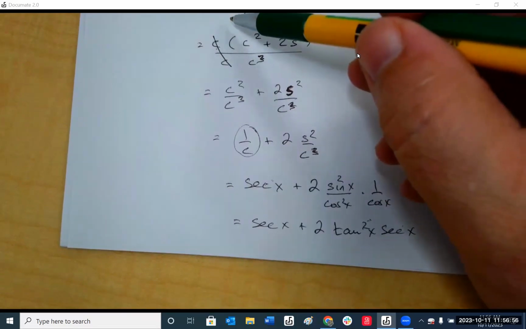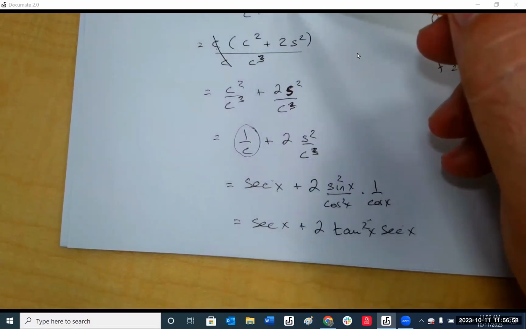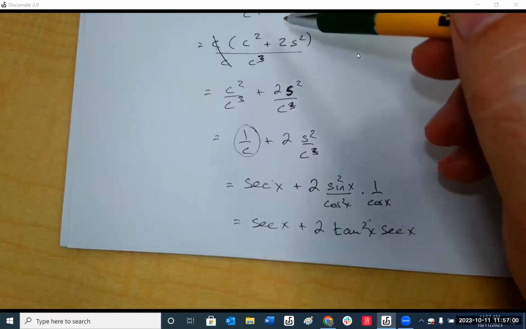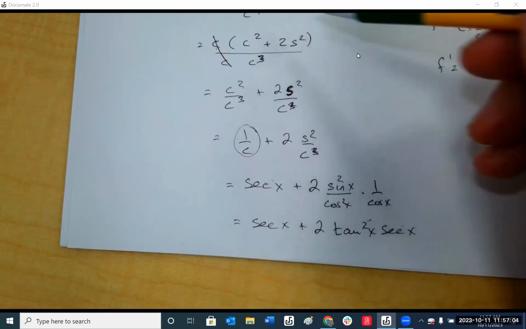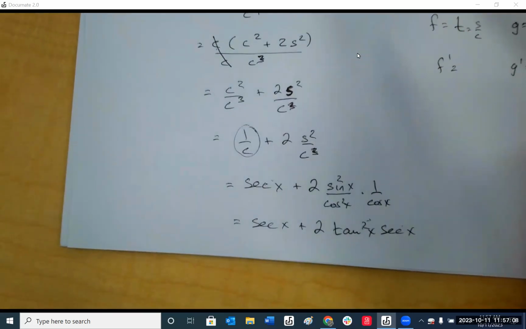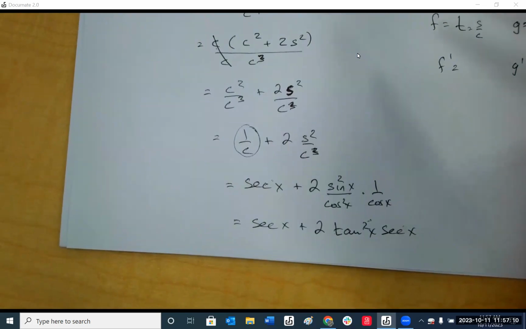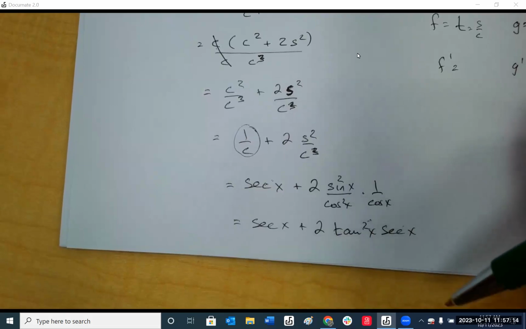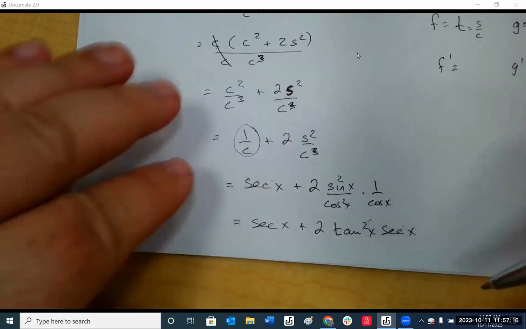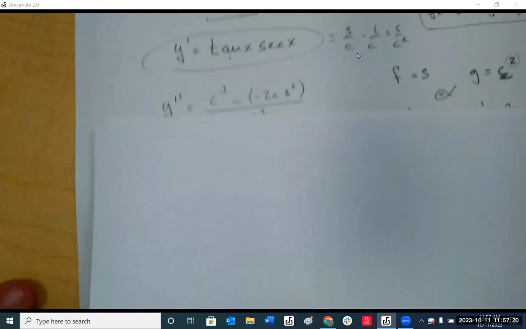That's 1 over cosine, 2 over cosine cubed. I'm missing some exponents there. Okay, hold on this one, then. Let me look at another way of doing this one.